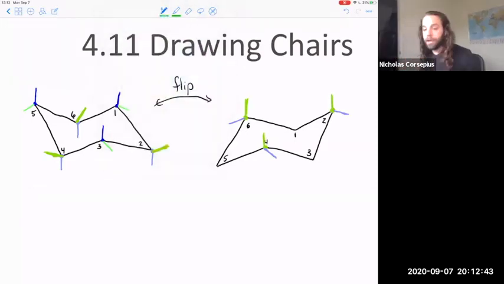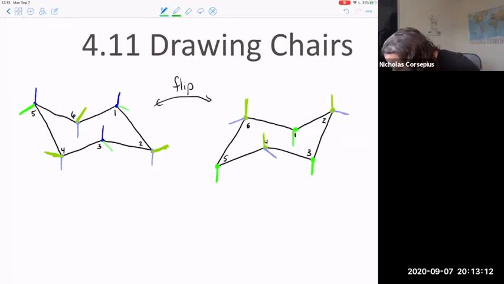Okay, likewise, if we go and identify all the axial down positions, that's going to be at the troughs. But 1, 3, and 5, they used to be at peaks. So what's actually going to be pointed down, so if we look at carbon 5, it's going to be this bond here. It's what's going to be pointed down now. Same with 3, what used to be the equatorial position is now going to be the axial down. And same thing with 1.